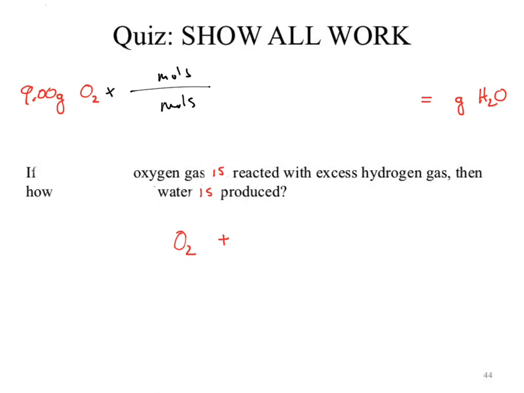Excess, I don't care, hydrogen gas, okay, is produced, reaction arrow, water. So I'm taking oxygen gas, I react it with something, and I make water.